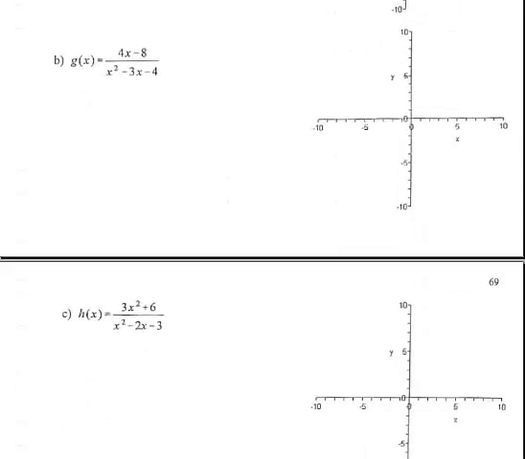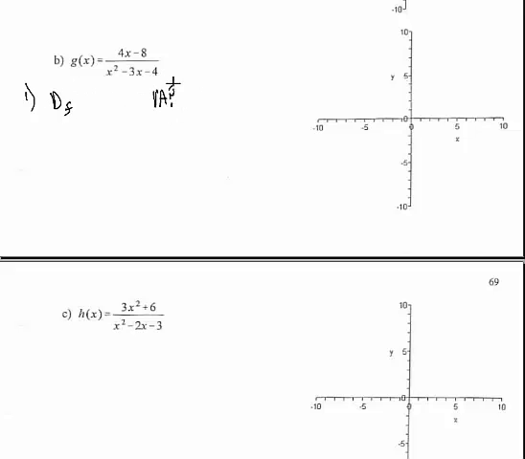Take a look at our next function, g of x. So step 1, the domain of f, or pretty much the same question, where are the vertical asymptotes?